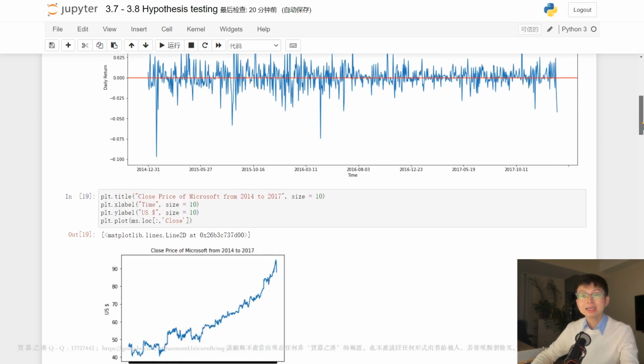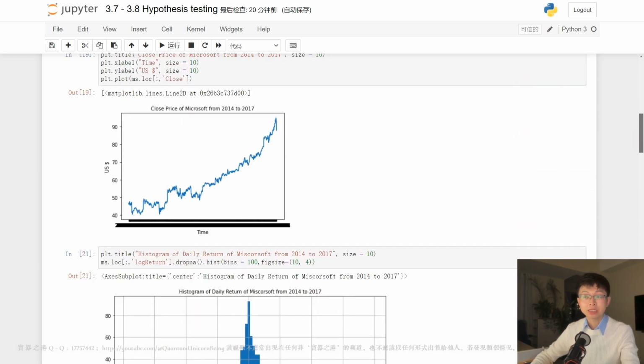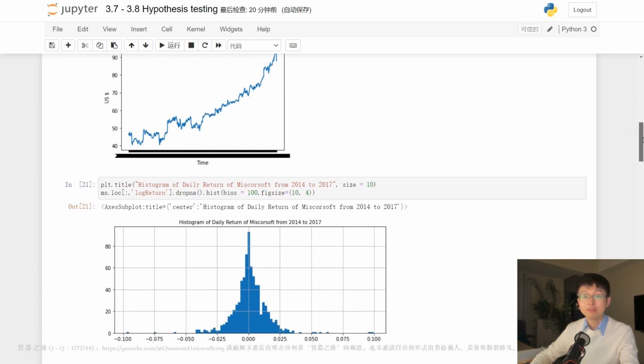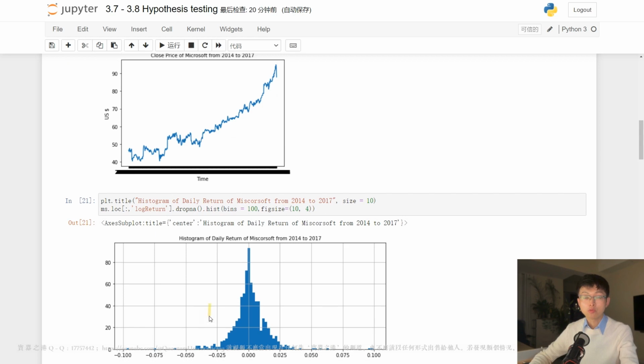Furthermore, it is unclear if the average daily return is zero or not. Examining the histogram of daily returns, we observe a rough symmetry around zero. However, it is still ambiguous whether the average daily return differs from zero.